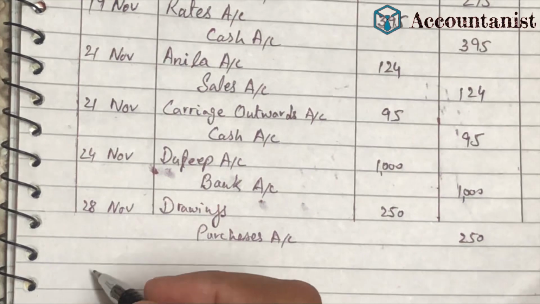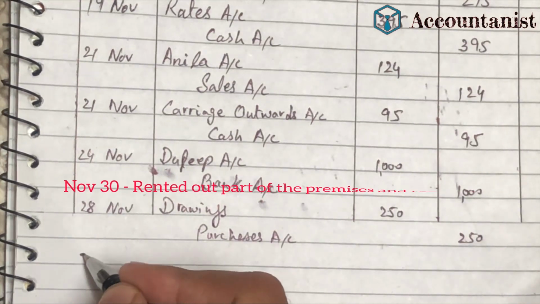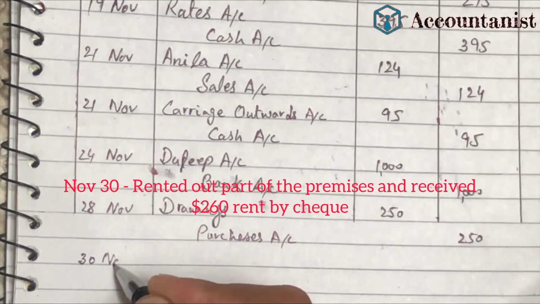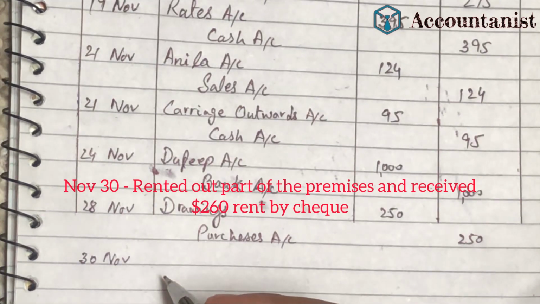So the last transaction of this question is we rented out a part of our premises and received $260 rent by check.